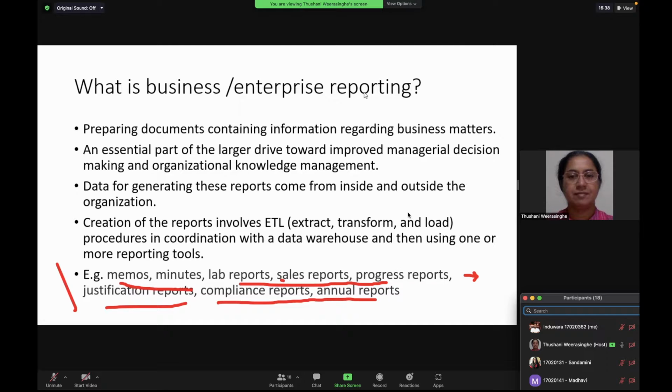All these reports will help you to convince others what is happening there, or help you to understand what's going on and take required decisions. So this way you need to explain and justify the requirement of using reports in an organization.